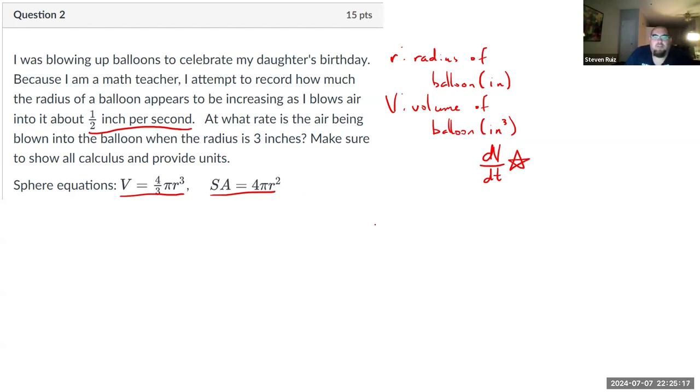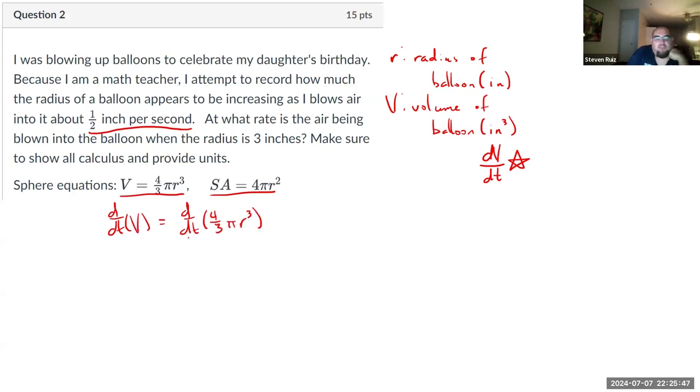So I know something about the volume and how it relates to the radius. I think I'm going to take this first sphere equation and differentiate it with respect to time. So the derivative of V with respect to time equals the derivative of 4/3 pi r cubed, which is also the volume.